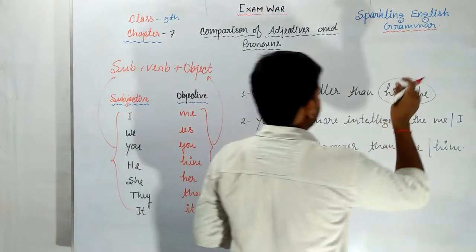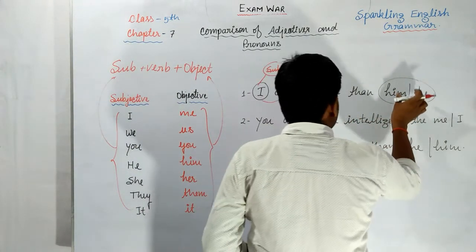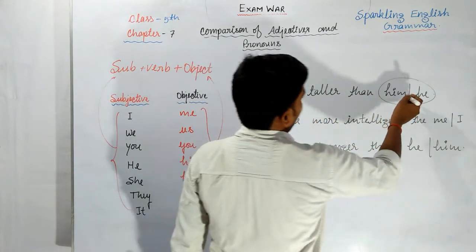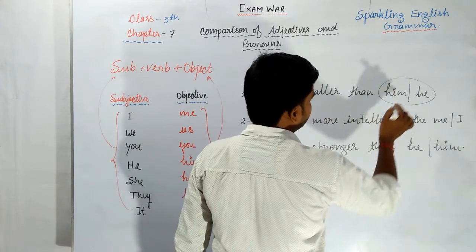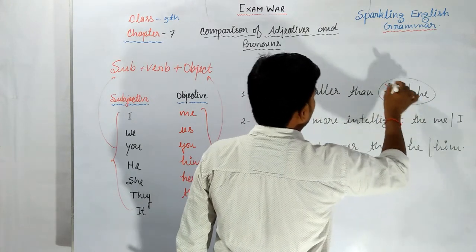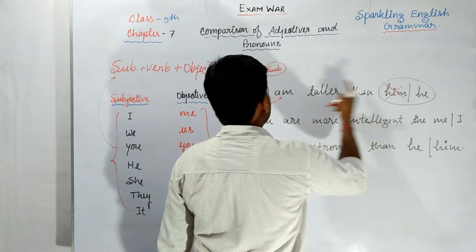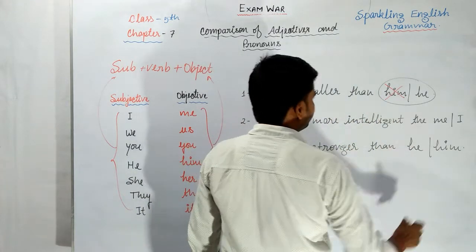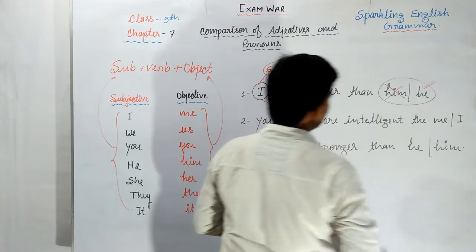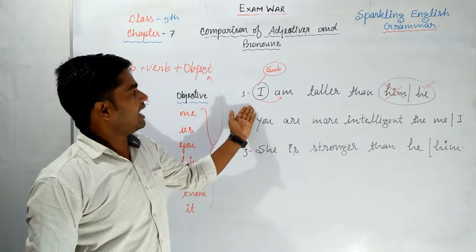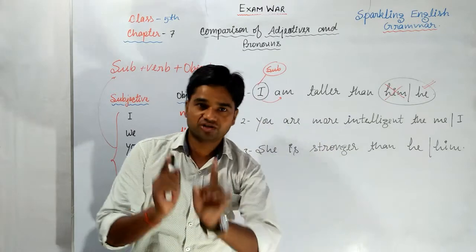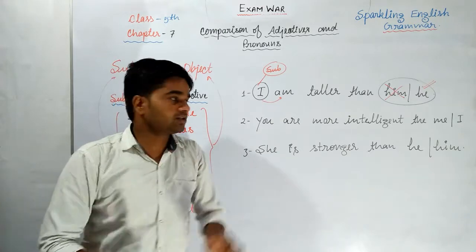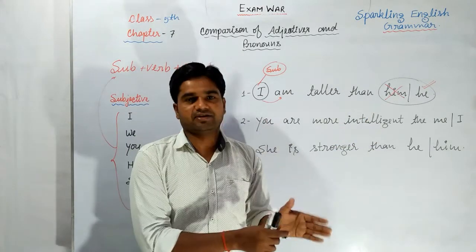So dear students, out of these two words, him is objective. What type of pronoun is him? Him is objective. That's why we cannot compare I with him, as I is subjective and him is objective. So the right word for this place will be he. And the sentence will be I am taller than he, not him. It may look quite odd, but it is completely grammatically correct.